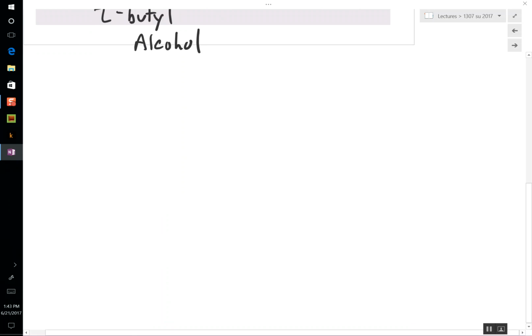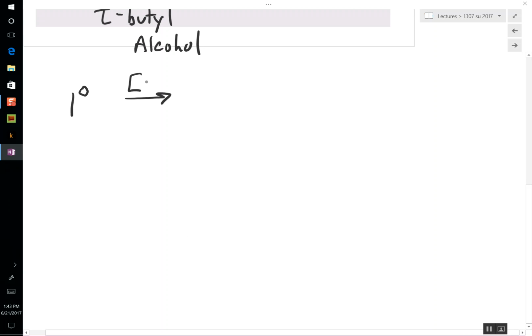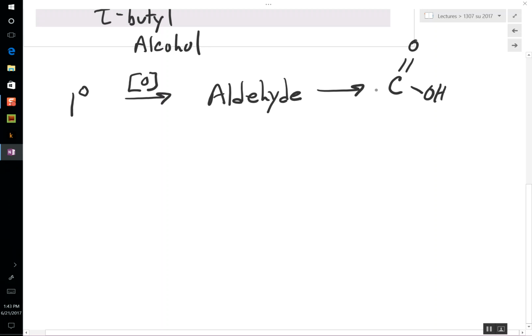So here's the neat little summary. Primary alcohol oxidizes to an aldehyde and then to a carboxylic acid. Let's see, I'll write it like that.